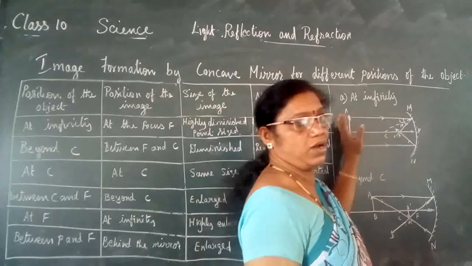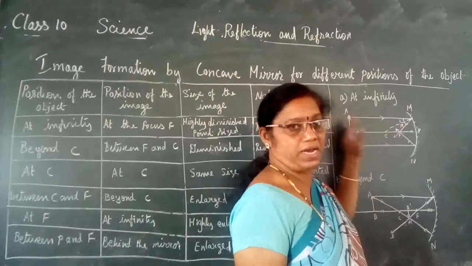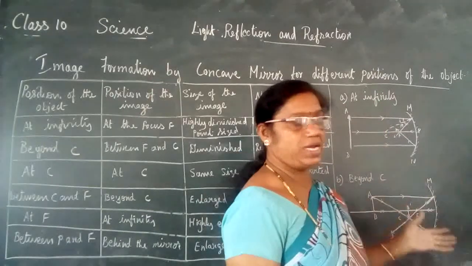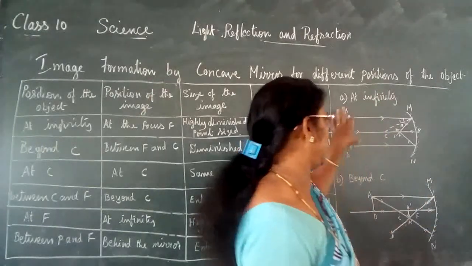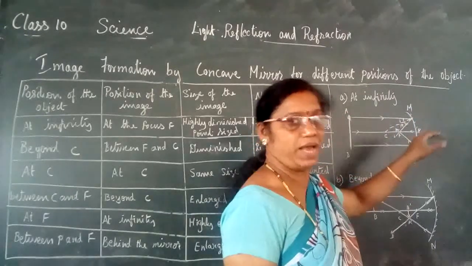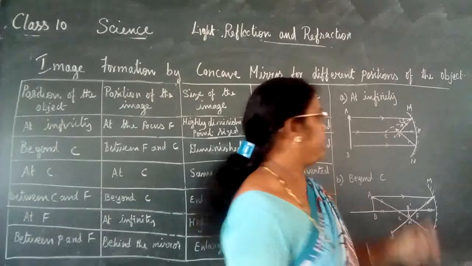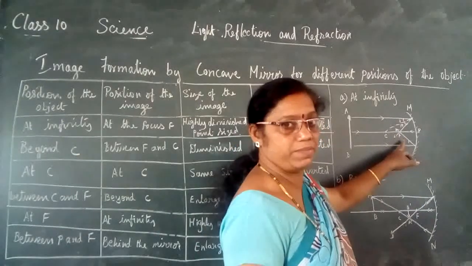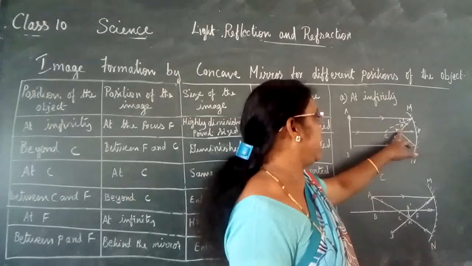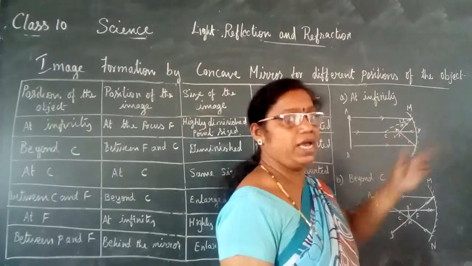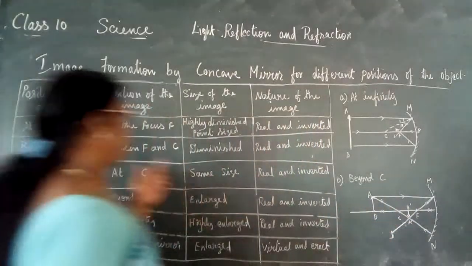So since all the rays travel parallel from the distant object, we are considering the parallel rays, and we can see that all the rays which travel parallel to the principal axis come and meet at a point called F, the principal focus. Hence we get a highly diminished, a small inverted image of the object.